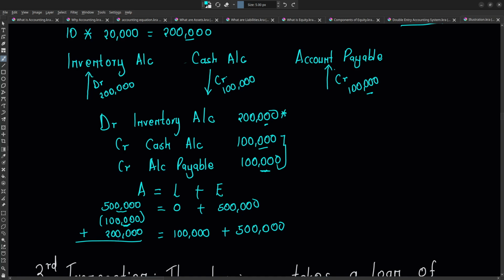Then we add 200,000 and we're going to have 600,000. And on this other side, we're going to have 600,000. The accounting equation is still going to be balanced.